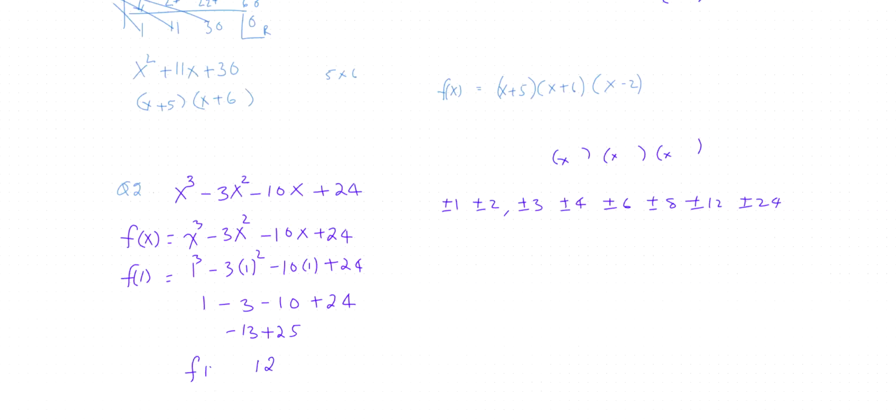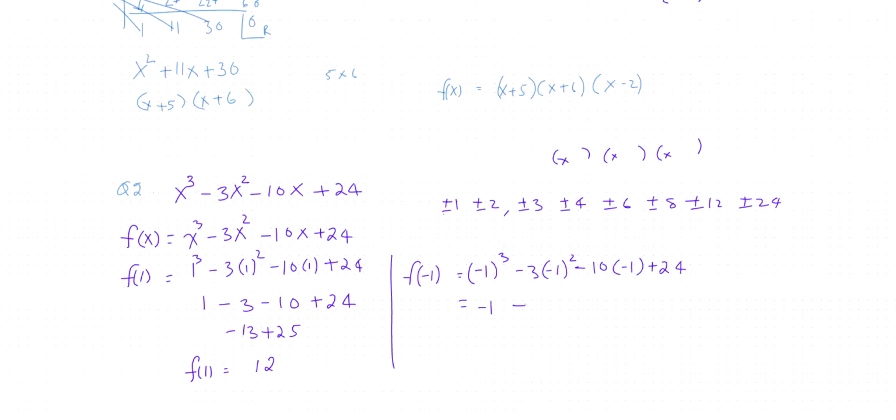Now we try negative 1. Same way, f of negative 1 will be negative 1 cube minus 3 times negative 1 square minus 10 times negative 1 plus 24. So we get 1 cube is negative 1 minus 3 and plus 10.